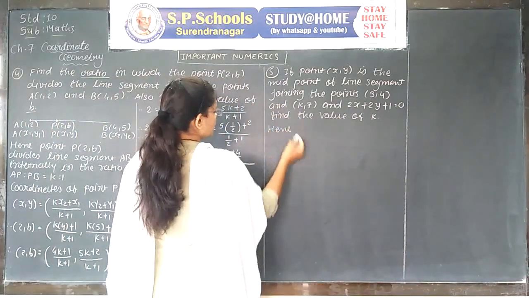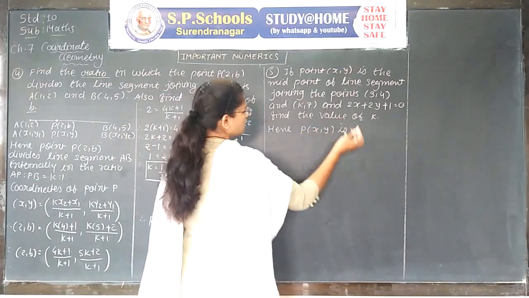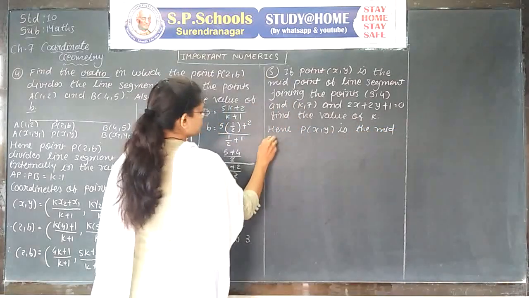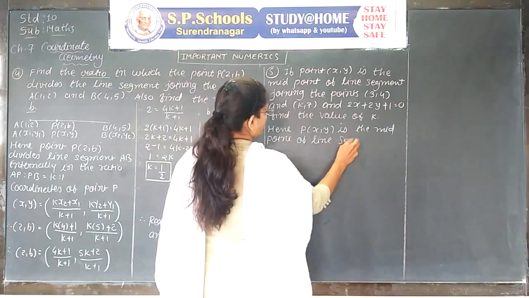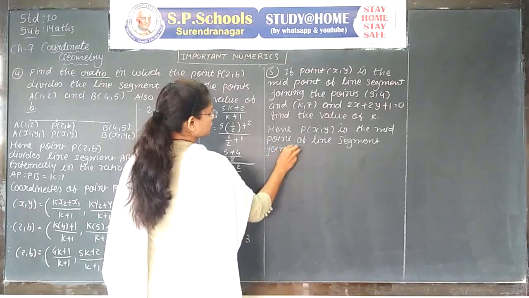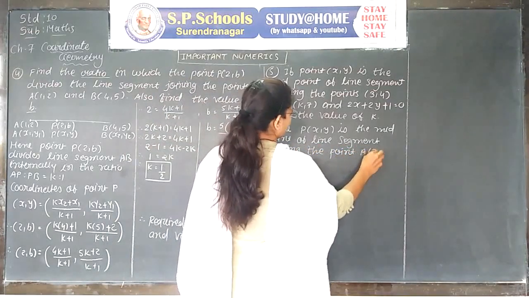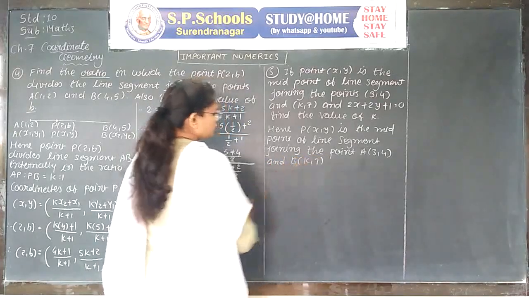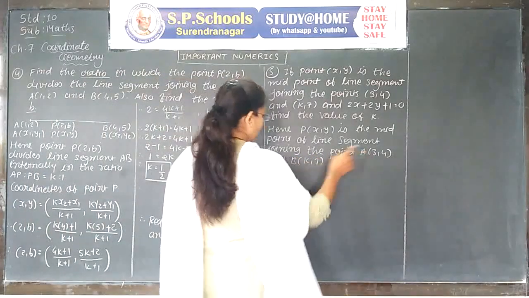Here give the name to the points: P(x, y) is the midpoint of the line segment joining the points A(3, 4) and B(k, 7). It means P(x, y) is obtained by finding the midpoint of line segment AB.